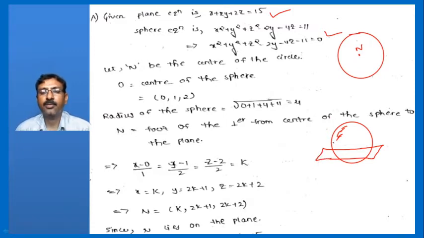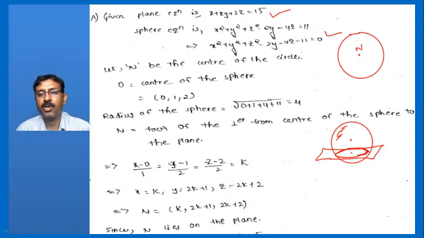This is a plane, the plane intersecting the sphere. This is the center of the sphere. Here the plane section is a circle. This is our required circle.